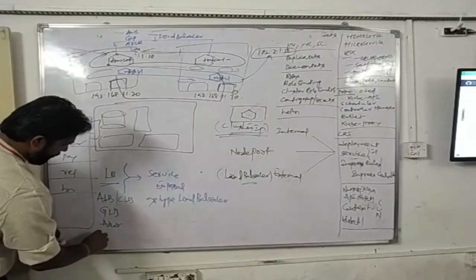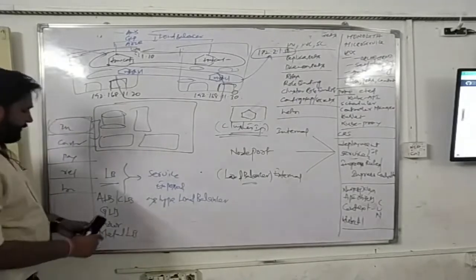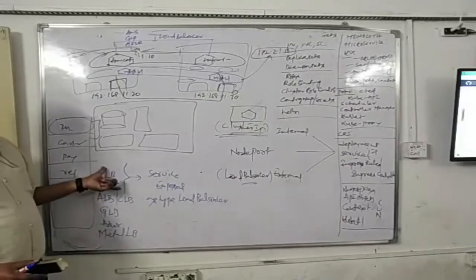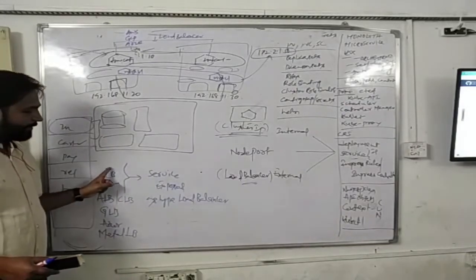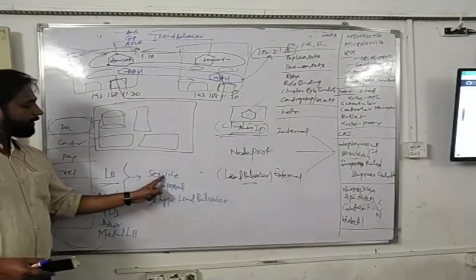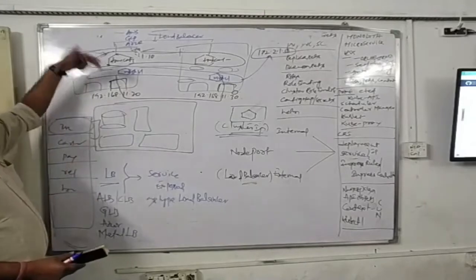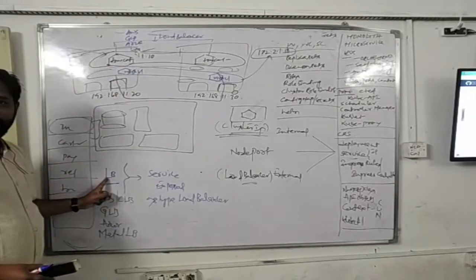There is another load balancer called MetalLB. This is a load balancer that you can install and then direct the request to this service. So if you want to see external requests coming in, you will attach it to an external load balancer.